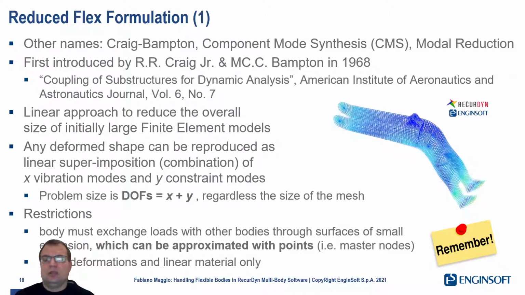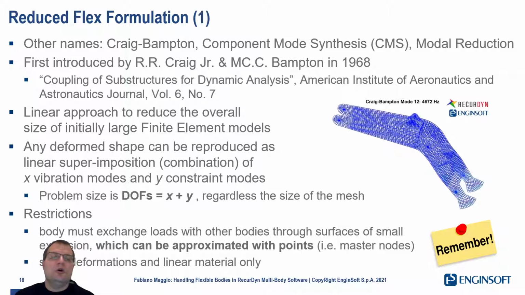Well, restrictions are a few, but very important. We always need to know a number of master nodes. Master nodes are the candidates to exchange loads with the rest of the model, or with the rest of the world, for the body being made flexible.